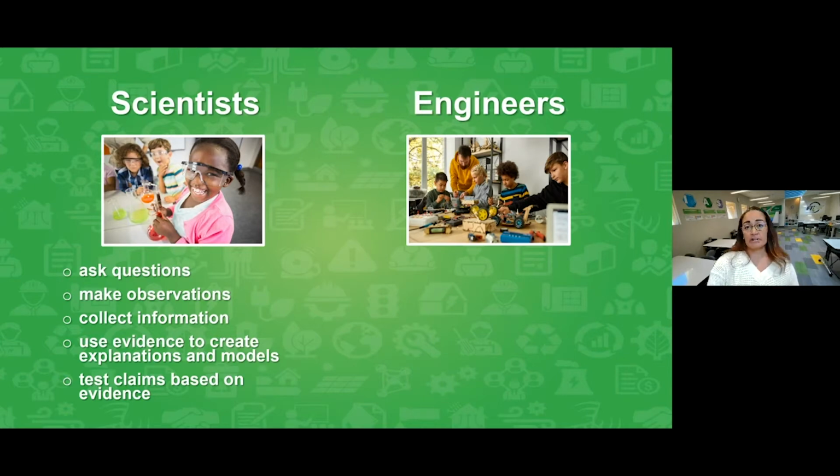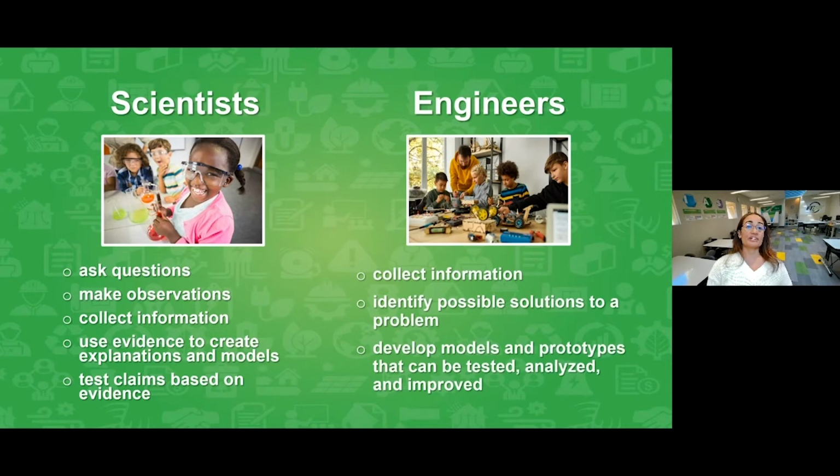However, an engineer, they're going to collect the information from a scientist, and they're going to think, okay, if this works out, how can we replicate this on a much larger scale? Like say we make fake snow, an engineer might find a way to make fake snow for the entire city of Chula Vista. Wouldn't that be great? So that's our big difference. And again, they do this on a much larger scale as well to achieve their goals.